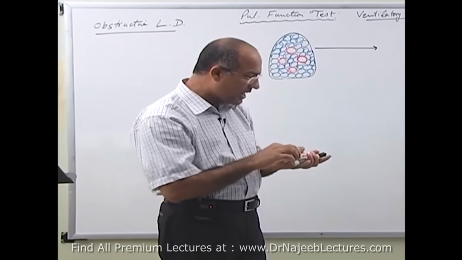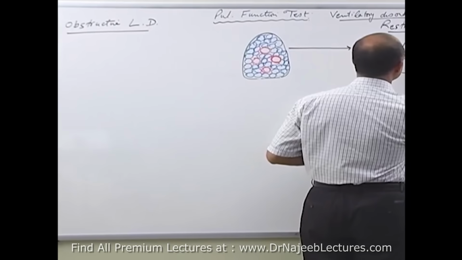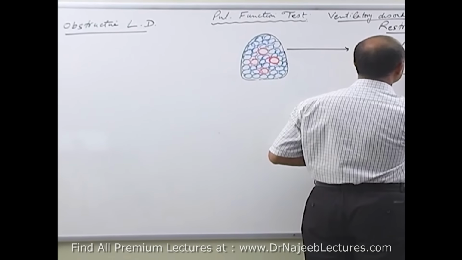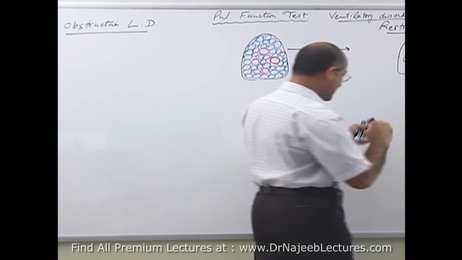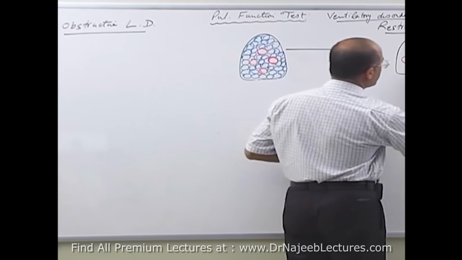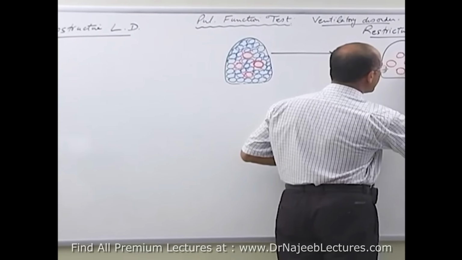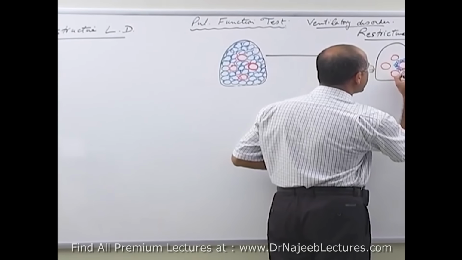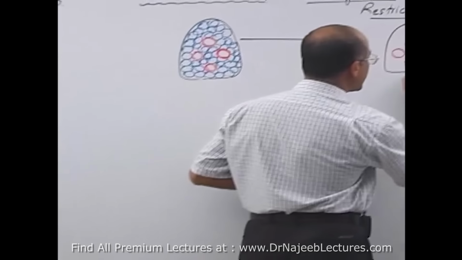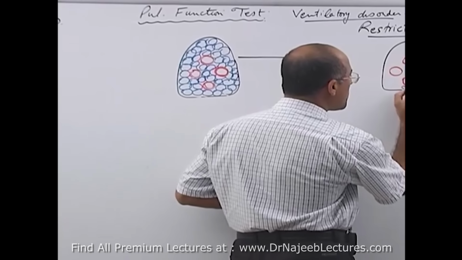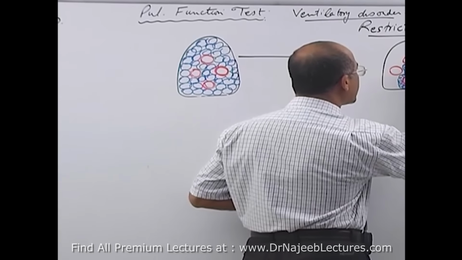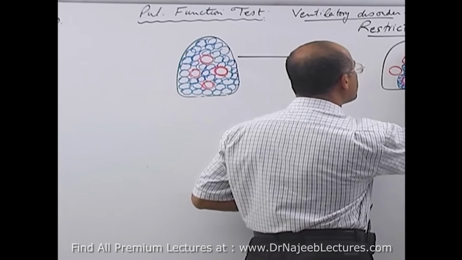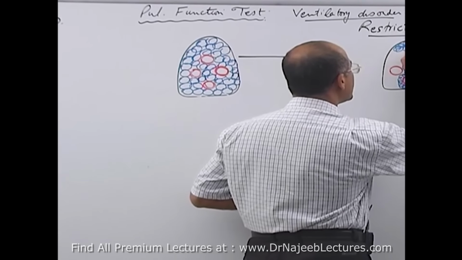When it will become smaller lung, of course airway will remain the same, but the density of material here in parenchyma will increase as compared to the normal lung. Now why it is more dense? Because there may be more fibrotic tissue, or there may be more elastic tissue, or there may be inflammatory tissue, right?